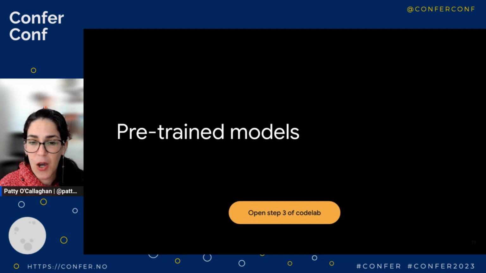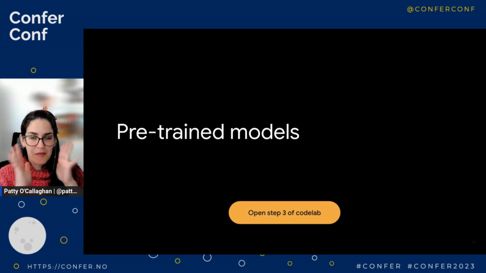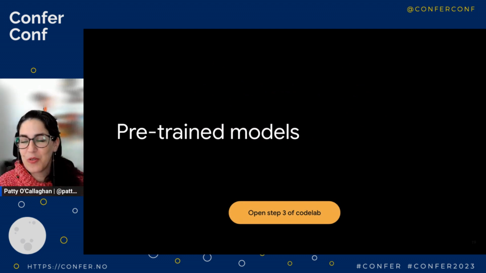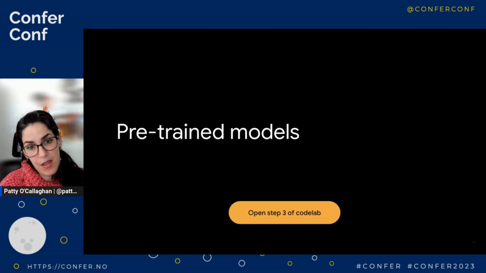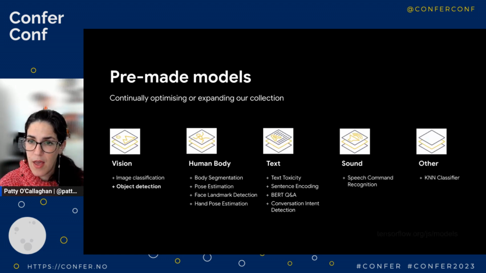And now let's talk about my favorite part, which are the pre-trained models. For that, I will ask you to go to step 3 of the code lab. Let's talk a little bit about the pre-made models that are available in TensorFlow.js.